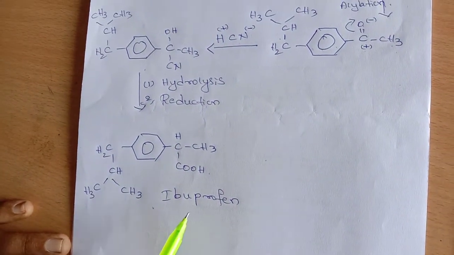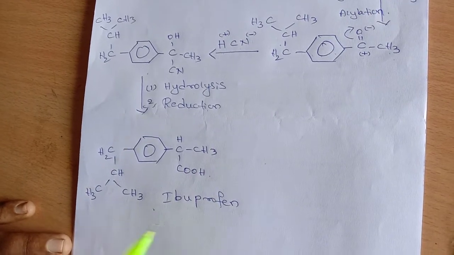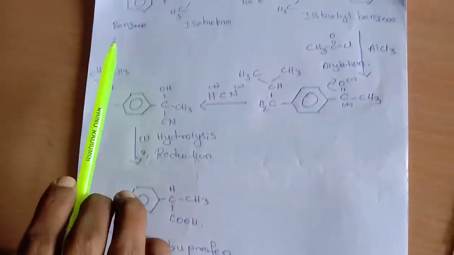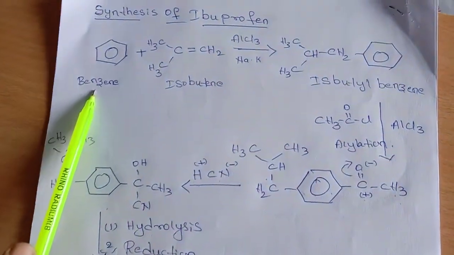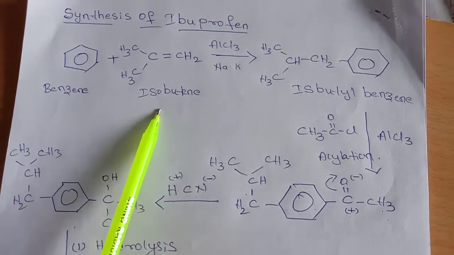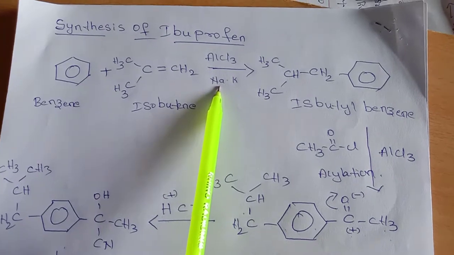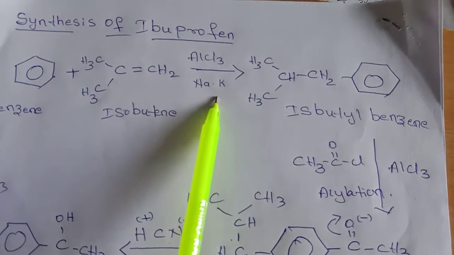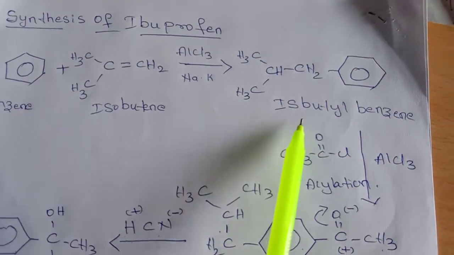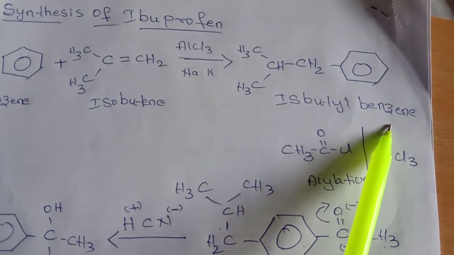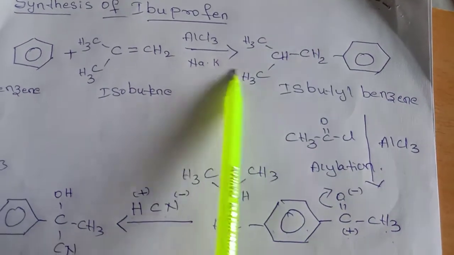So this is the synthesis of ibuprofen. First the benzene is treated with isobutene in the presence of AlCl3 and the eutectic mixture of sodium and potassium, such that we will get isobutyl benzene. So this is the isobutyl group.